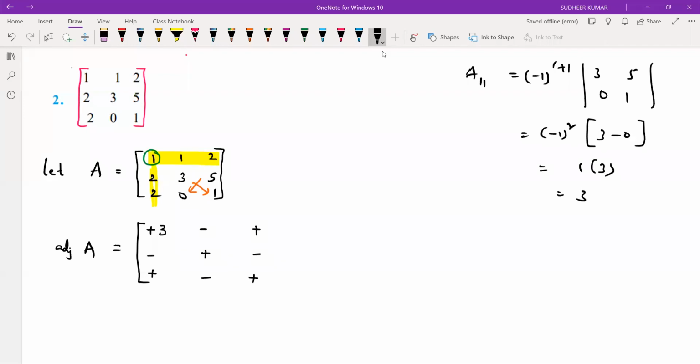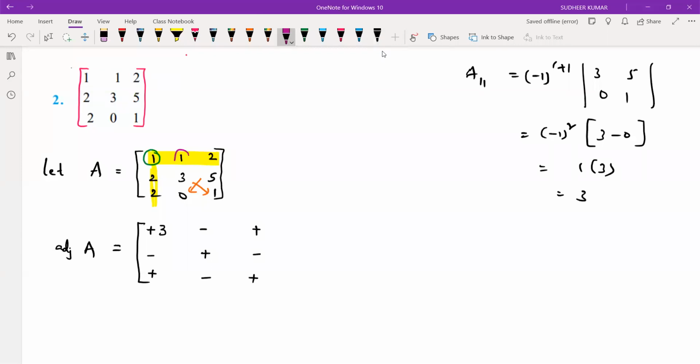This is the way you have to find it for all the elements. While writing your notes or in the examination, you have to do this when they ask only for the adjoint of A. If they ask to find the inverse, you can proceed directly to save your time. Okay? Yes, sir. Right. Then go to the next one.